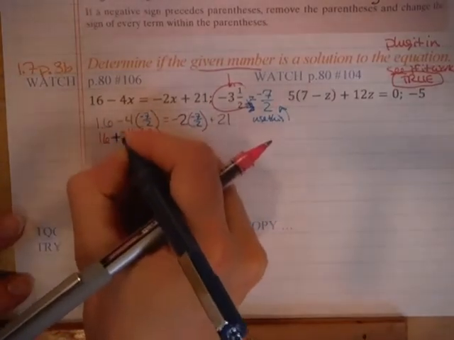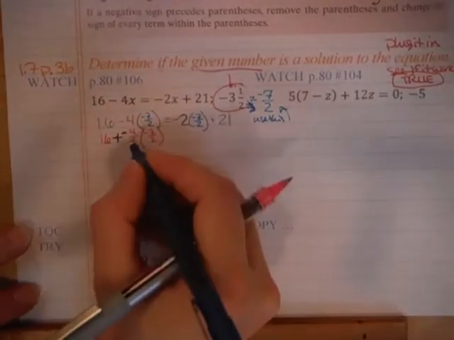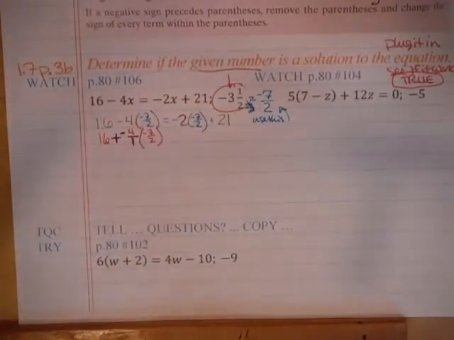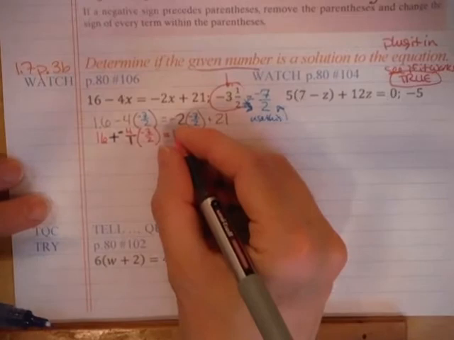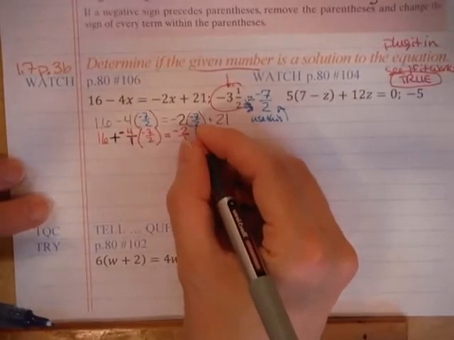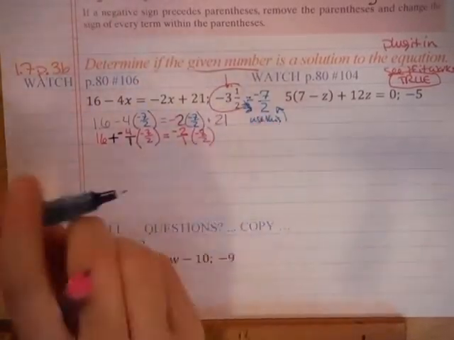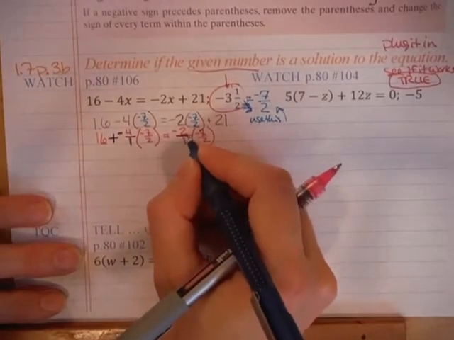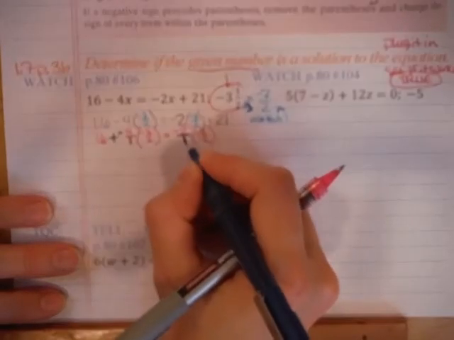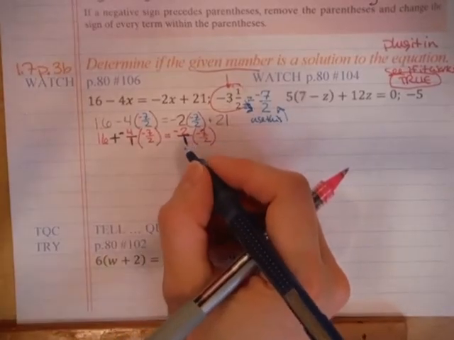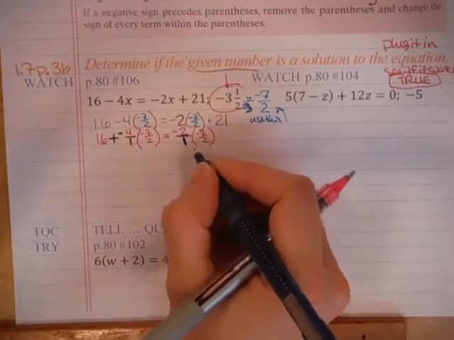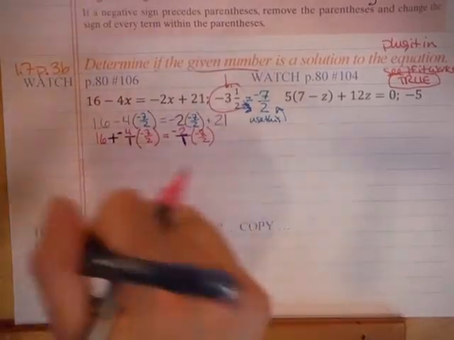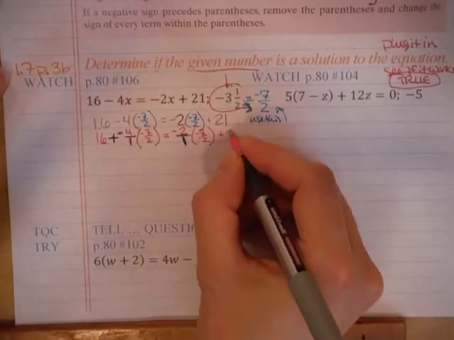So I changed that to adding the negative here, and I also wrote it over 1, so I've got a fraction times a fraction, equals, again, -2/1 times -7/2. I just kept the negative there with the 2, but I made the 2 as 2/1 because multiplying fractions means you need to see top times top, bottom times bottom, numerators and denominators. Okay? And then I still have my plus 21.